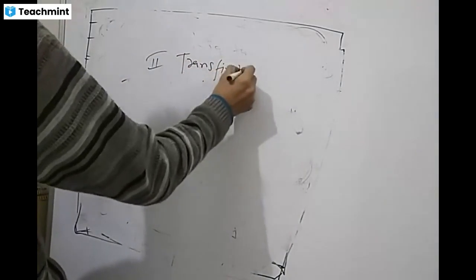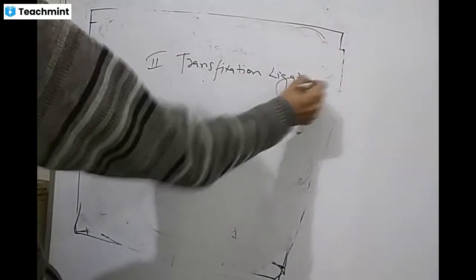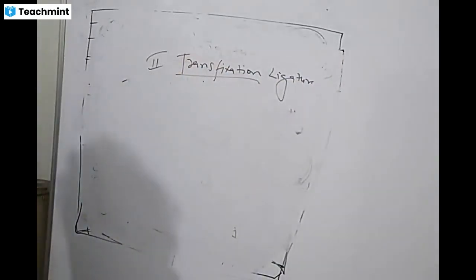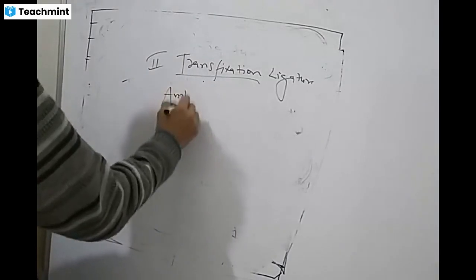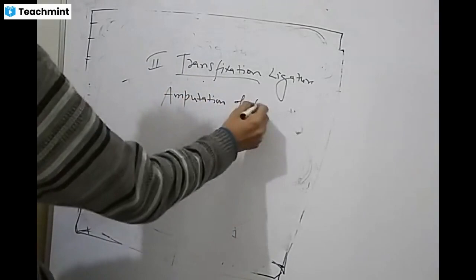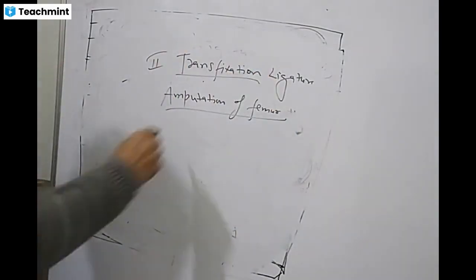The second option is transfixation ligature. Transfixation means, suppose you are doing amputation of the femur. In case of the femur, there are big vessels.